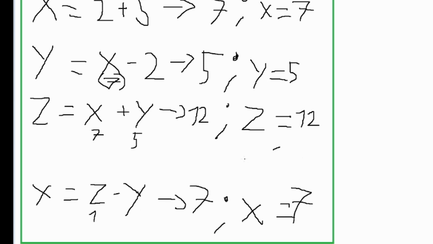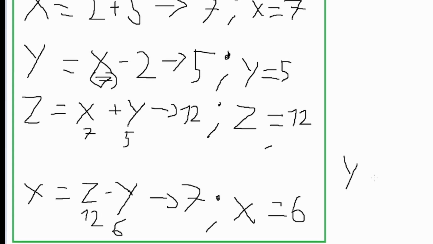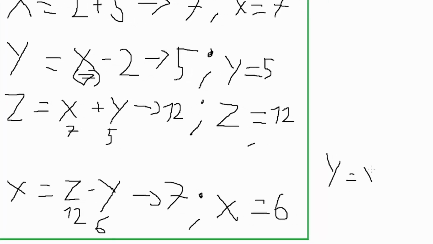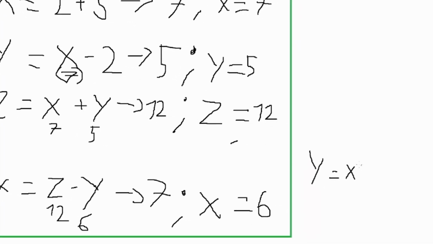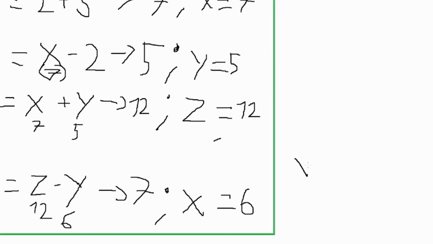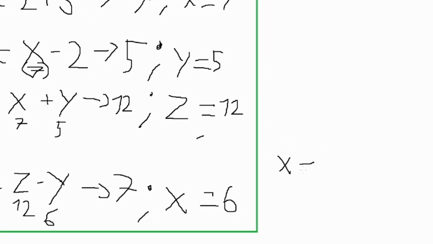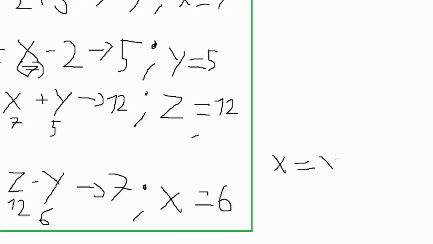And so right now we can state that if we were to say that x is equal to 6, because this will be 12 minus 6, then we could also say that x is equal to y plus 1.